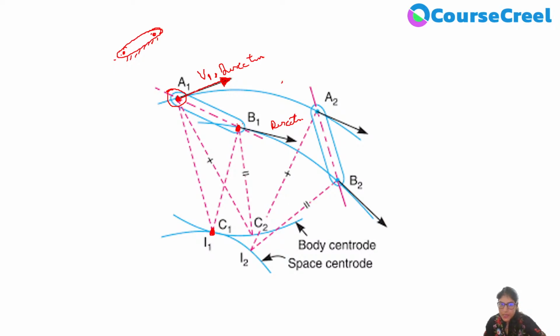एंड अगर इस A1 B1 की पोजीशन अगेन चेंज हो रही है इन A2 B2, so again we are defining the instantaneous center I2 with respect to these two lines which are passing through A2 and B2 and the intersection point will be I2. So these I1 and I2 are the space centroid because this link is moving in a space. Okay, so instantaneous center in a space is defined as space centroid.